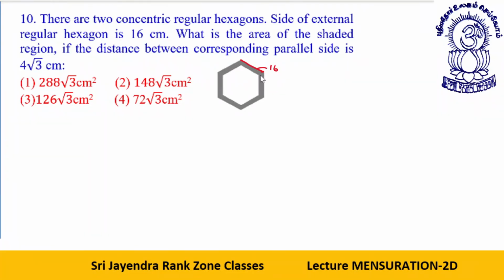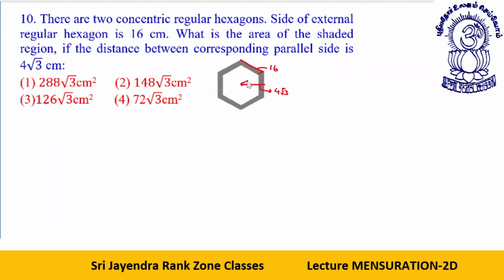Now here is the main thing. See, this distance is 4 root 3. This is 4 root 3. You will have to be careful now, dear students. See, what will be this part? Let's say I take the middle point from here and I join this.